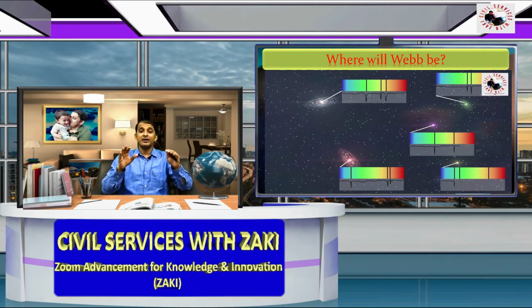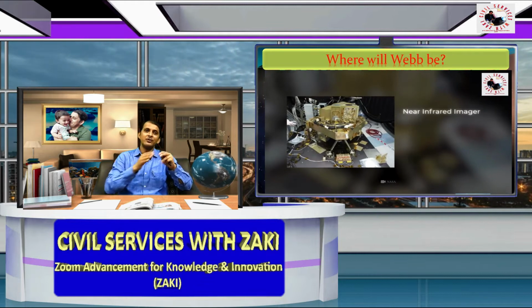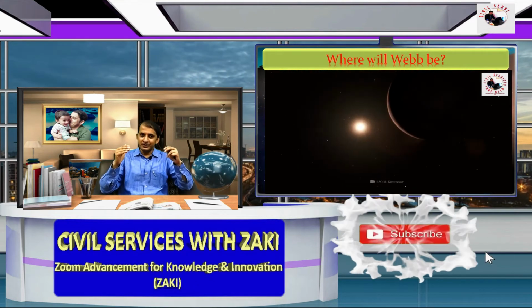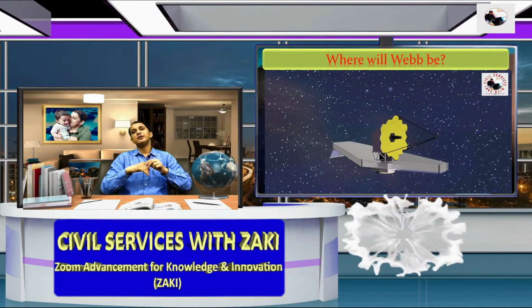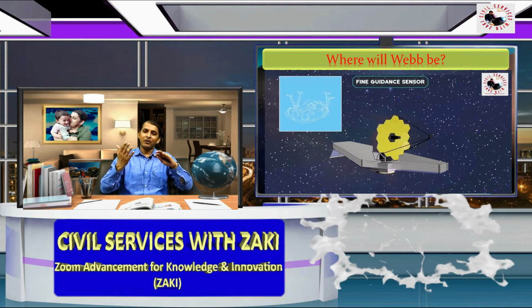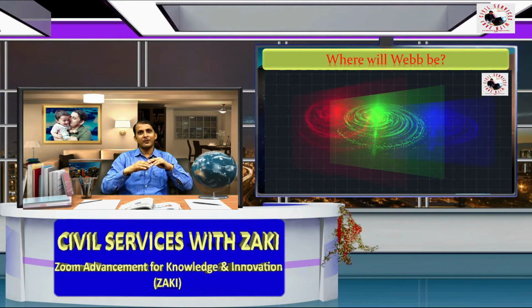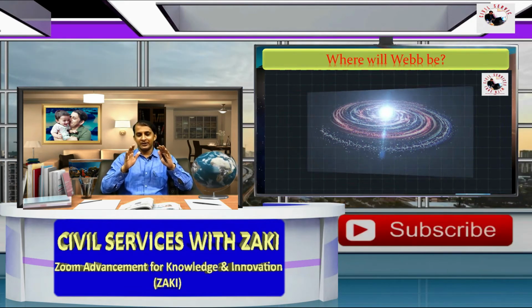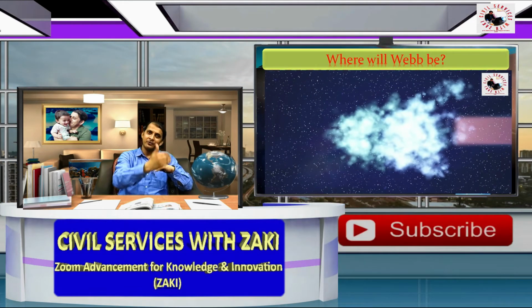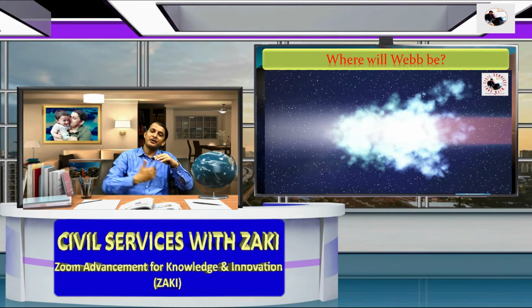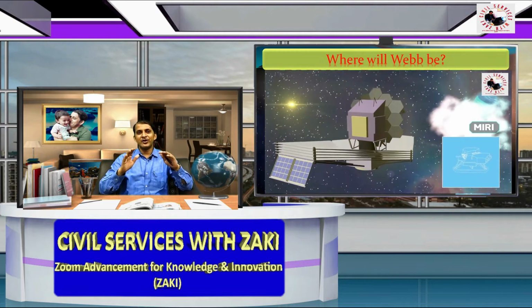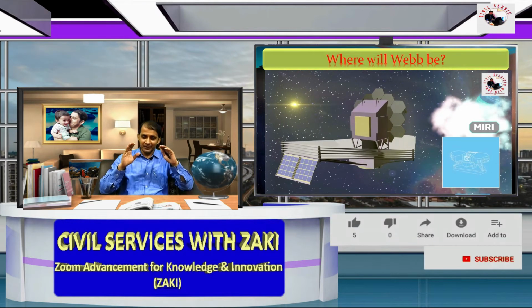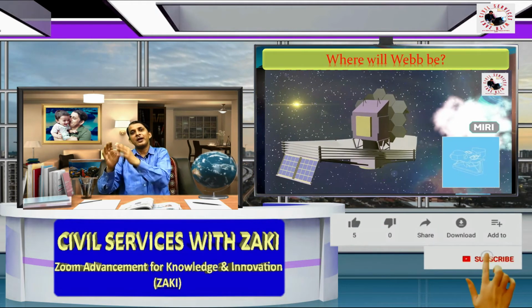This is very different from its predecessor, the Hubble telescope, because the Hubble telescope orbited in Earth orbit and this telescope is in a heliocentric orbit, basically orbiting the sun, and it is installed at the L2 point.